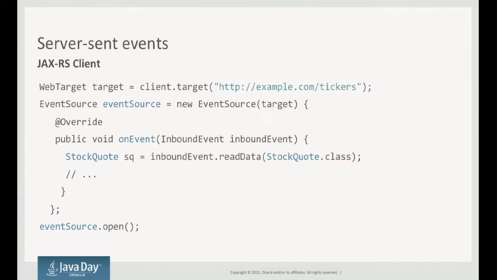So here, the client is creating a target to our stock ticker URL and creating an event source, which has an onEvent method to receive the events that are being sent by the server. And then when one of these events comes in, the client is extracting the data that corresponds to the stock quote. Now, the key thing here is at the bottom of the slide, where opening the connection is what kicks off the entire process.